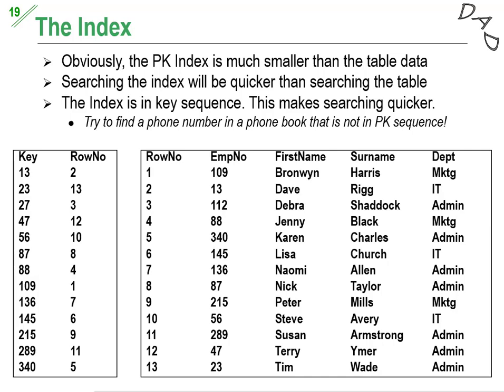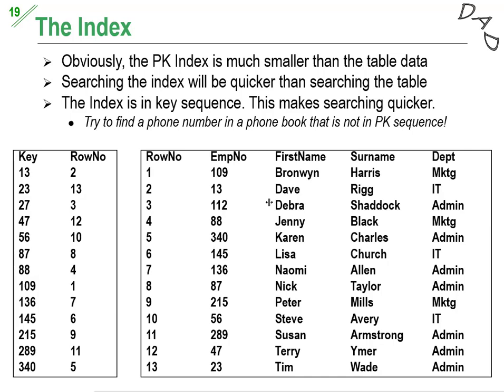So obviously, you can see if you compare these two tables, the first table is my index table, the second table is my original table. So obviously, the index table, or in this case the primary key index table, is much smaller than the table that we have created.